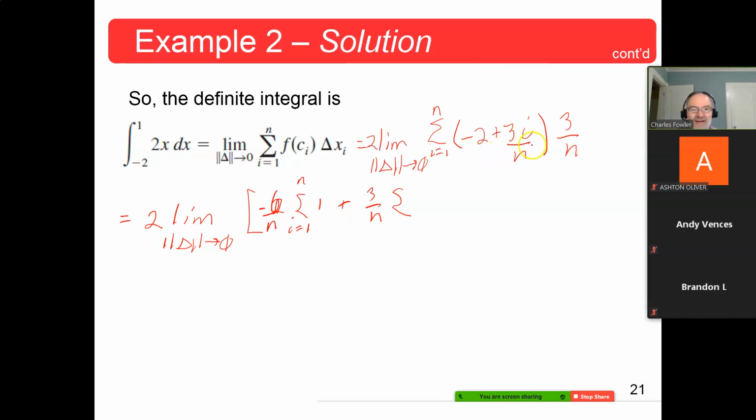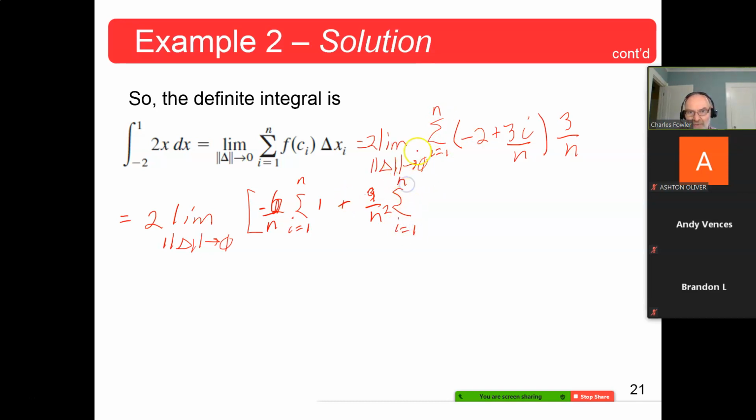We have this 3 over n and that 3 over n, so that's 9 over n squared. Okay, 9 over n squared. This 3 over n, that 3 over n come outside of that second summation sign, i equal 1 to n.